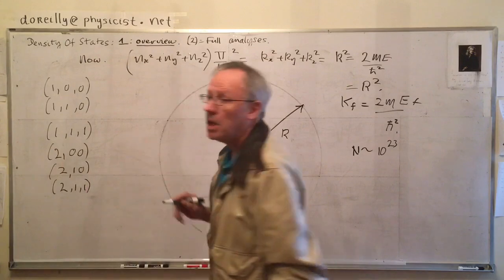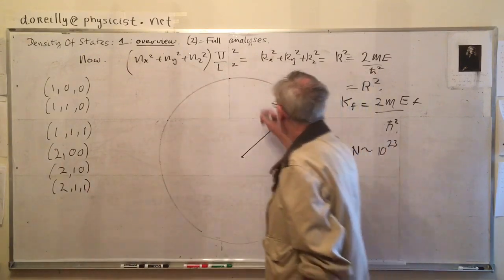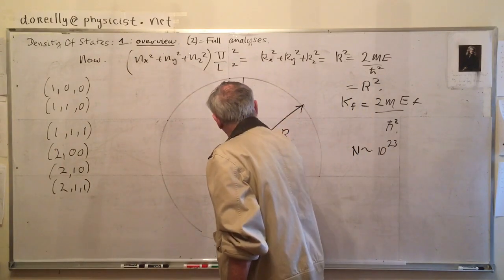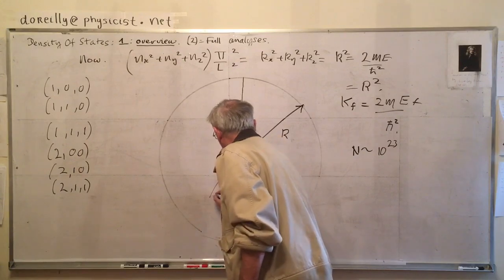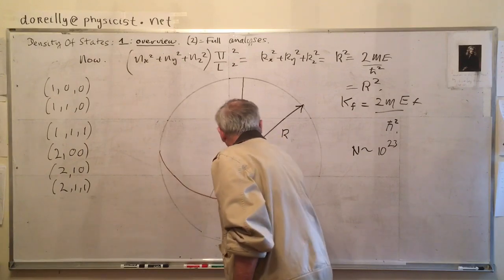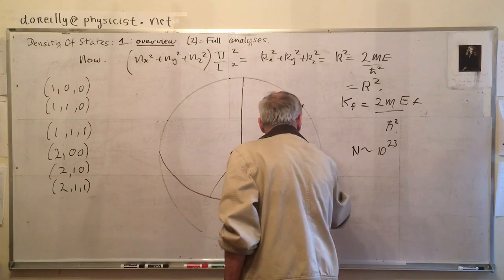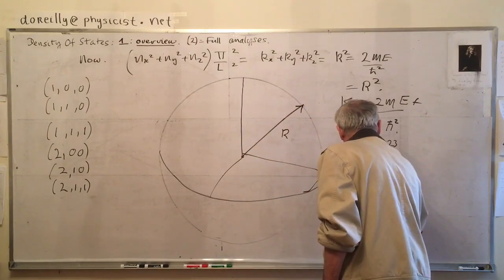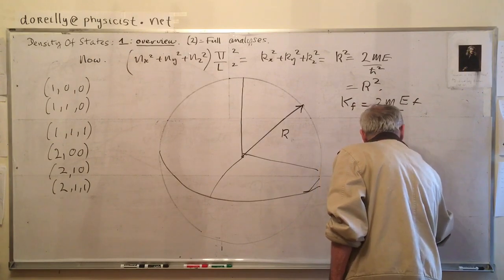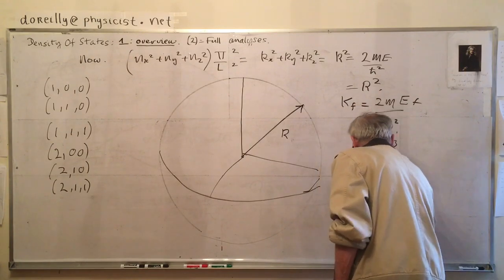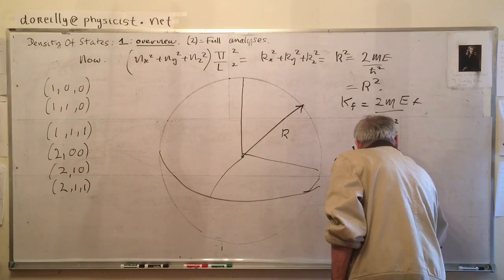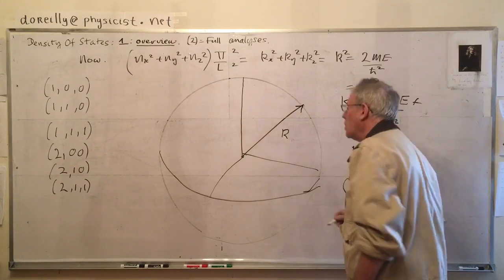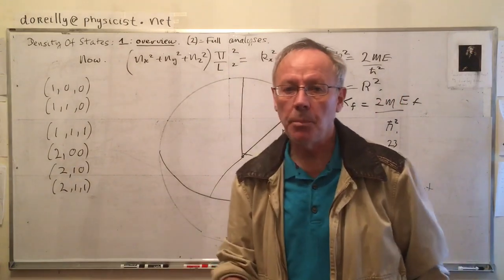As you can see, they're all positive. None of them are negative. So we restrict our study to the positive octant. So we don't consider points outside of the positive octant.